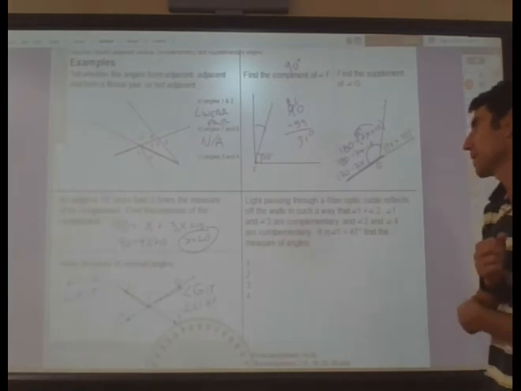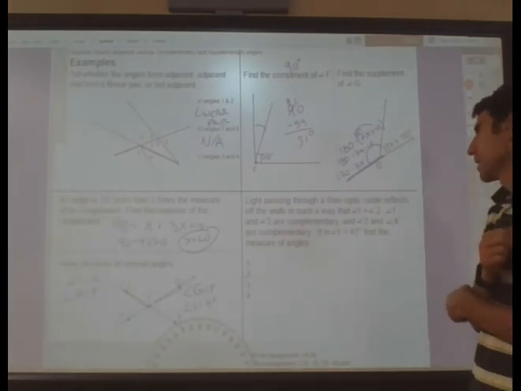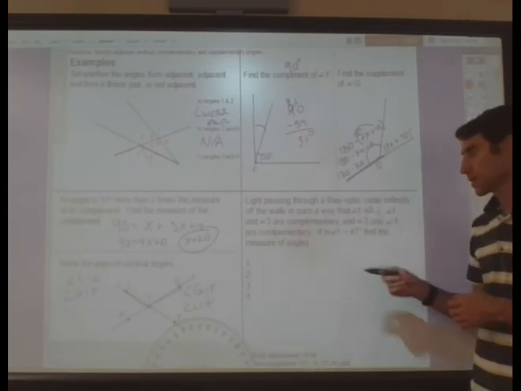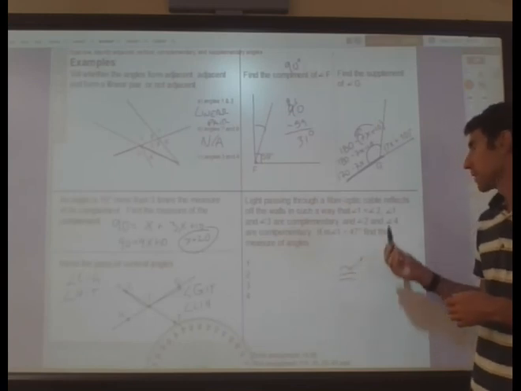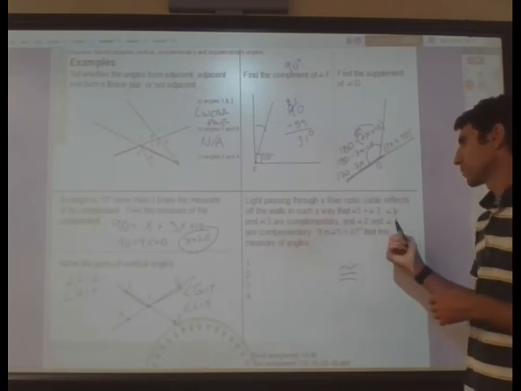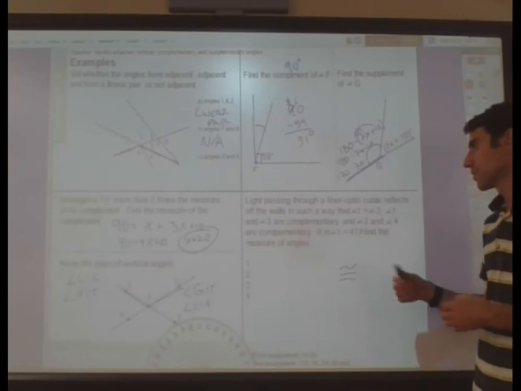Finally, light passing through a fiber optic cable reflects off the walls in such a way that angle 1 is congruent, that's what this little symbol means, to angle 2. Angle 1 and 3 are complementary, and angle 2 and 4 are complementary. If angle 1 is 47 degrees, find the measure of the angles.